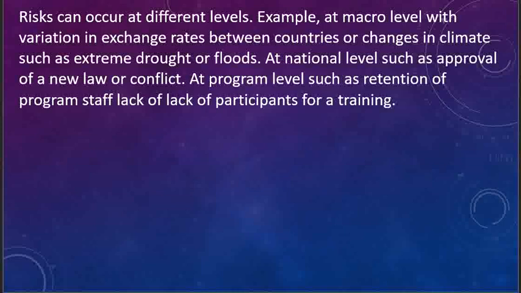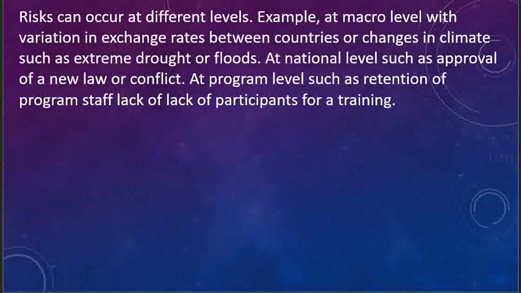Risk can occur at different levels. At macro level, for example, we might have variation in exchange rate between countries, which can affect the income of our farmers. Or changes in climate, like flood or drought, are macro level risks. At national level, you might have laws that are approved to be part of the constitution or part of the rule of law and regulation of a country, which can affect how you're going to run your project, or even conflict.